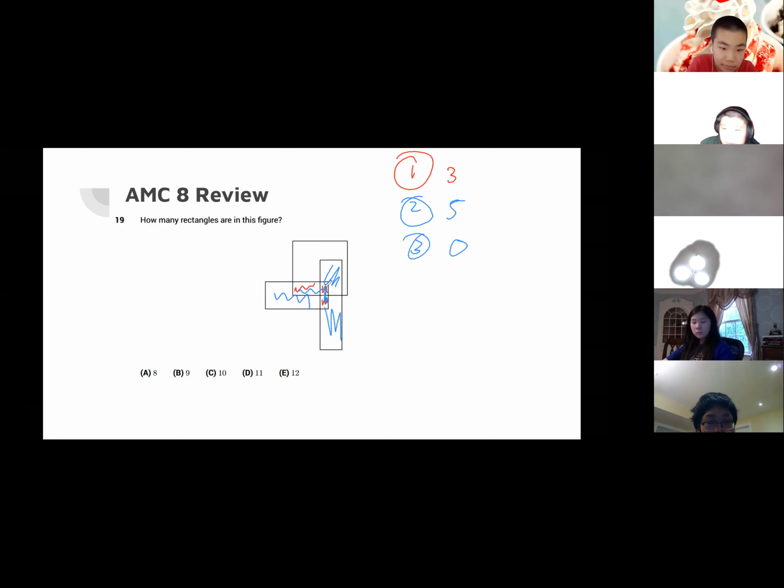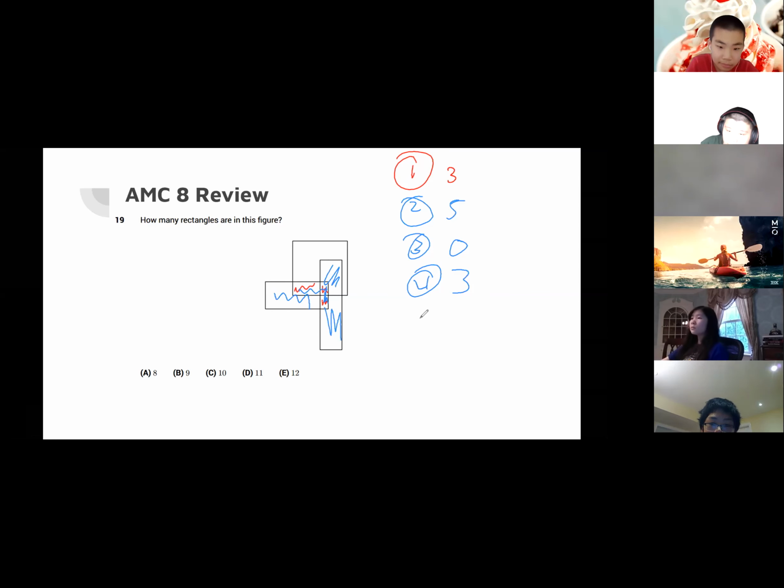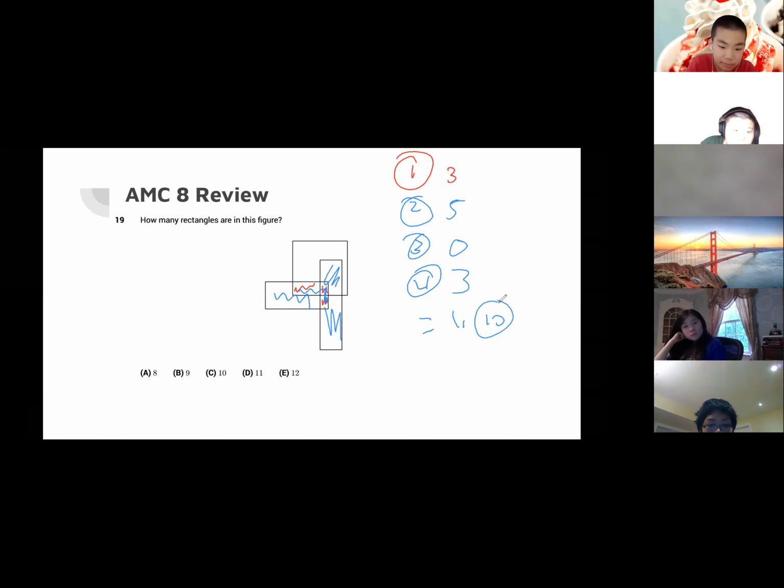You can check this again, but anything you choose that has 3 regions will have to poke out a bit or something like that. And then for 4 regions, there are 3, which are just these big rectangles. And for a total, you get 11, which is D.